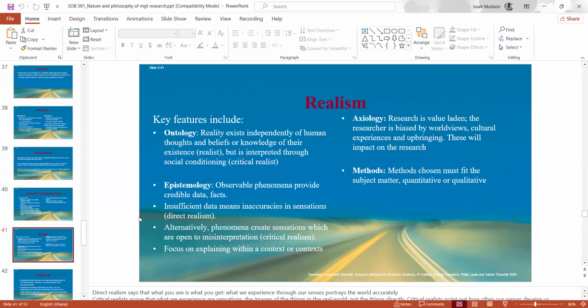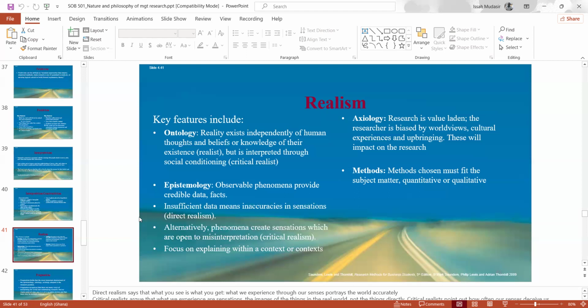So then, what you say you have seen and you are interpreting, another person may not be seeing it because they have been conditioned differently in terms of the social construction. So in terms of ontology, two different schools, the direct realist and then what?